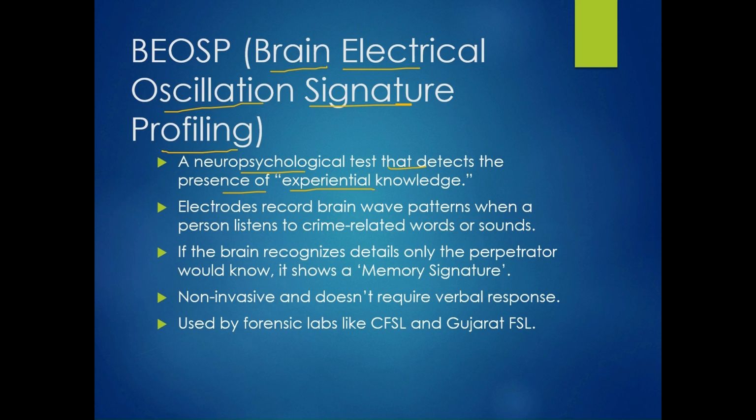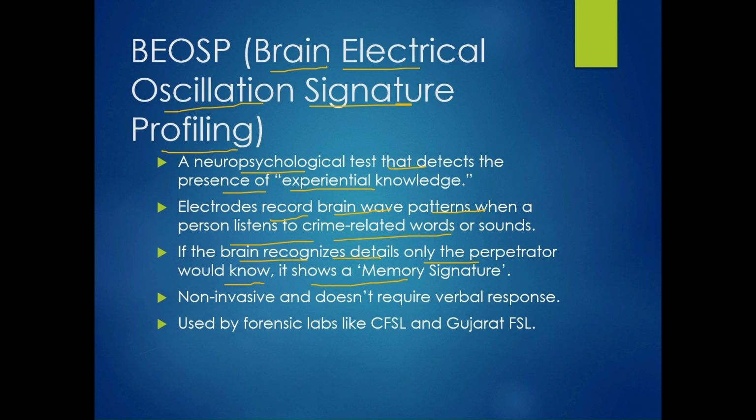If the brain shows that it already knew details that only the actual offender would know, it indicates prior experience or involvement. Electrodes record brain wave patterns when a person listens to crime related words or sounds. If the brain recognizes details only the perpetrator would know, it shows a memory signature.